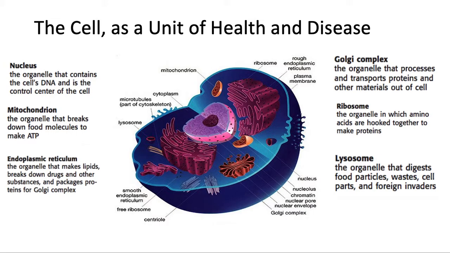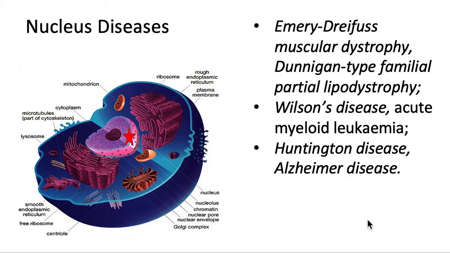Obviously, there is a Golgi complex that processes and transports proteins and other materials out of the cell. There are ribosomes, organelles in which amino acids are hooked together to make proteins. There are lysosomes that digest food particles, wastes, cell parts, and foreign invaders.